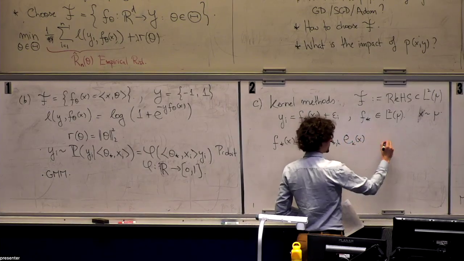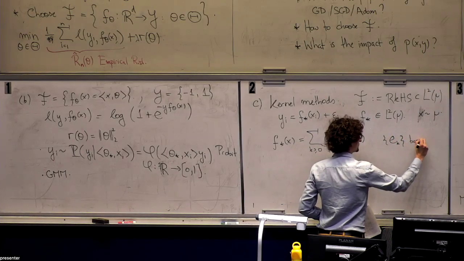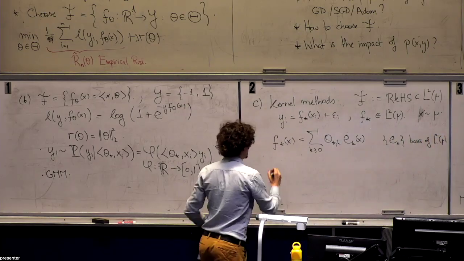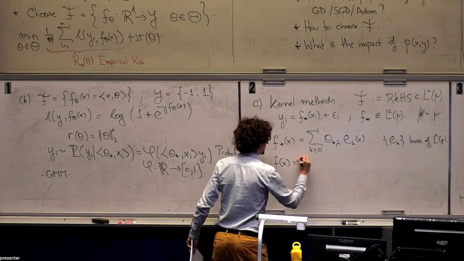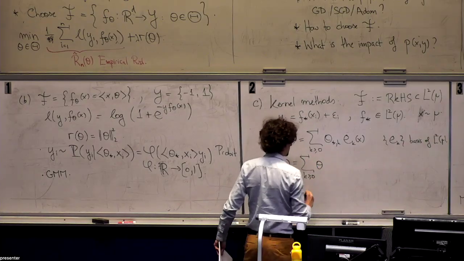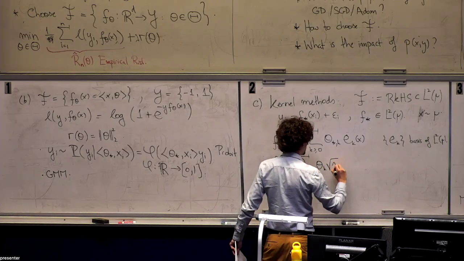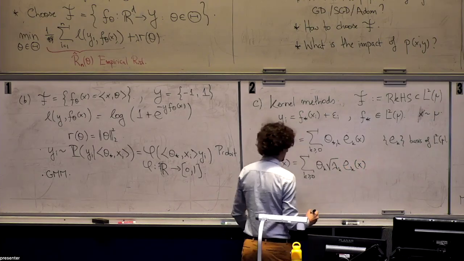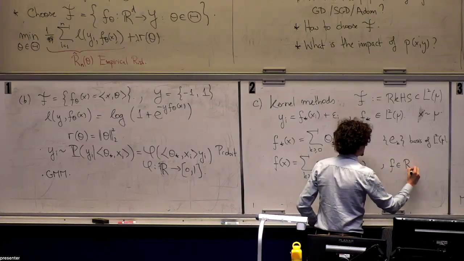So that's a basis of L2. And then once you have this, any predictor f in your RKHS can also be written in this basis in this way: sum over k of theta k, square root of lambda k, ek of x.